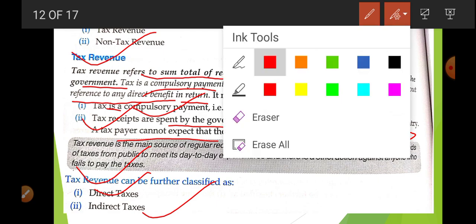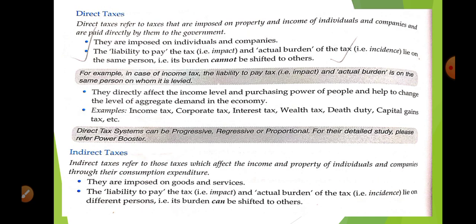Let me explain what direct tax is. Direct tax refers to taxes imposed on property and income of individuals and companies, and paid directly by them to the government. They cannot shift the burden to others.